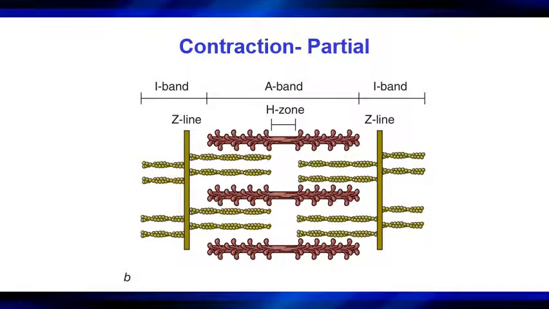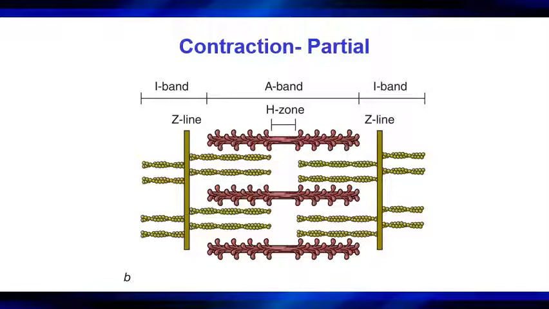Now you notice the difference. Just like we talked about, look where the actin filaments went. So there's a change in the Z line, and the H zone is smaller now because the actin has slid over the myosin. So this is when a muscle's contracted, and here it's contracted partially.